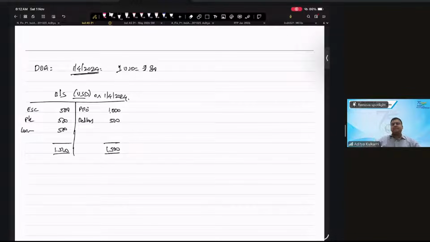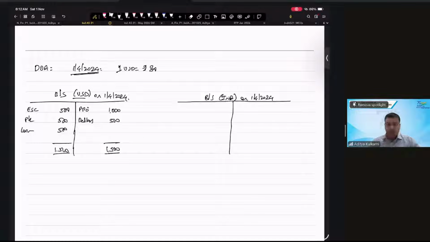On this date itself, if I have to convert it into rupees, what rate will I apply for equity share capital? What is the date of acquisition? 1st April 24. So which rate will you apply? You will apply 80 rupees. Yes or no? 80 rupees.